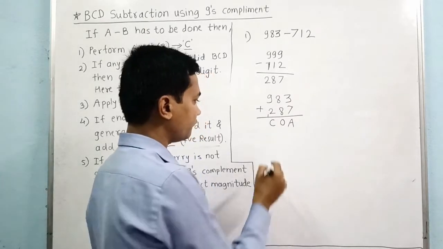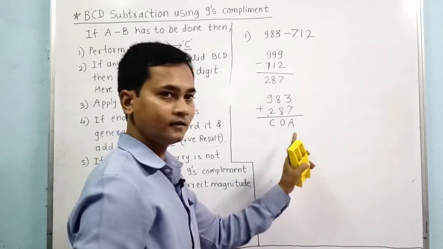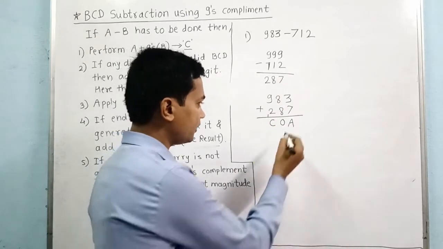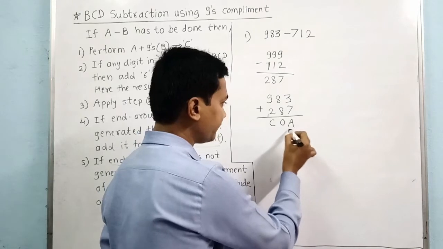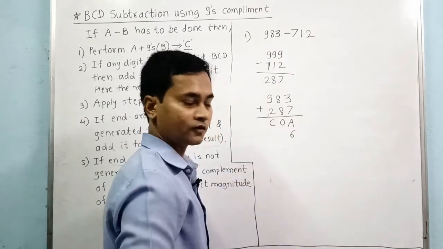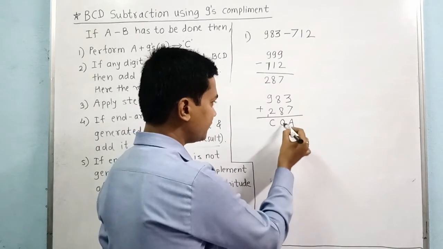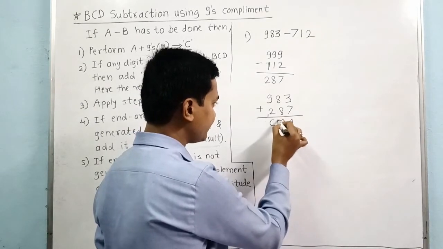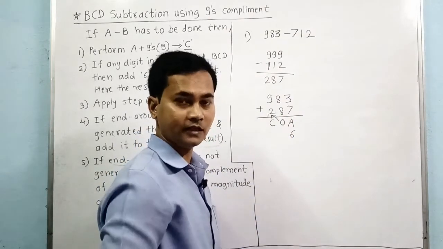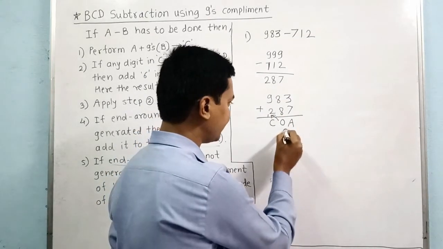Now check whether all the digits are in proper BCD format. The first digit is exceeding the value 9, so the first digit is invalid, add 6 here. What about the second digit? From the second digit a carry is generated, so the second digit is also invalid BCD, add 6 here also.